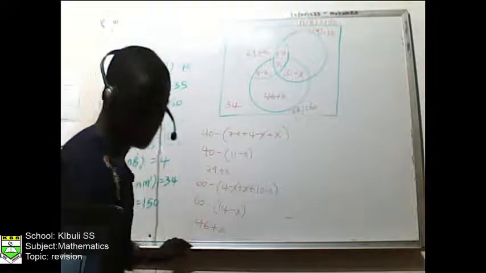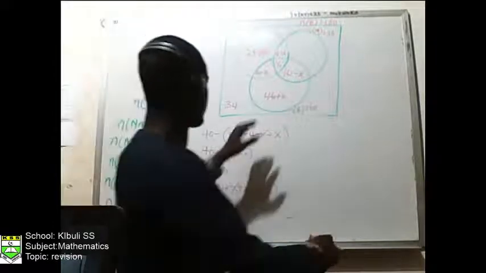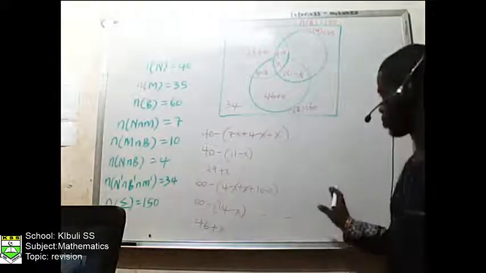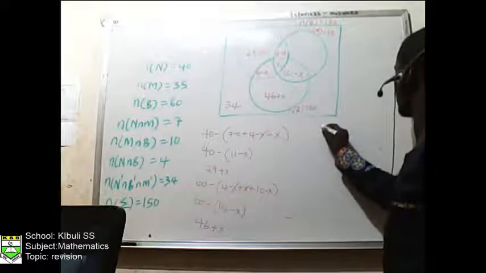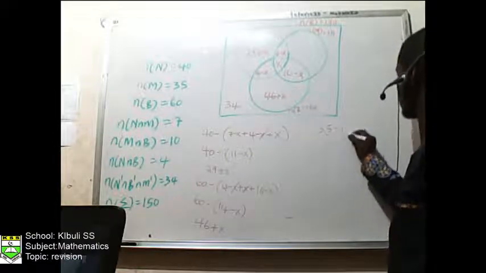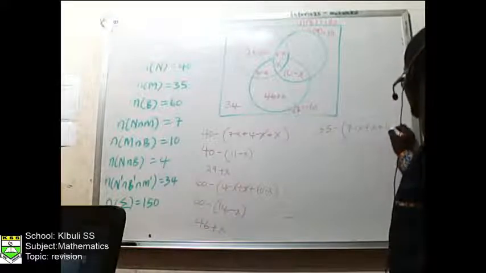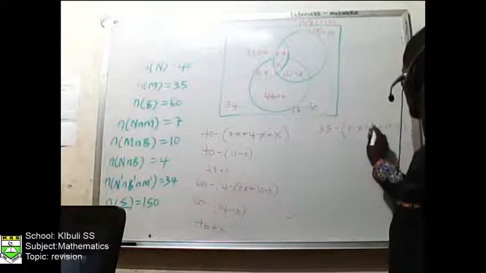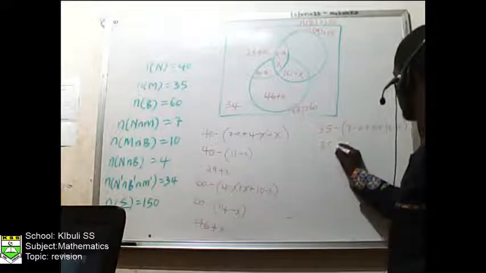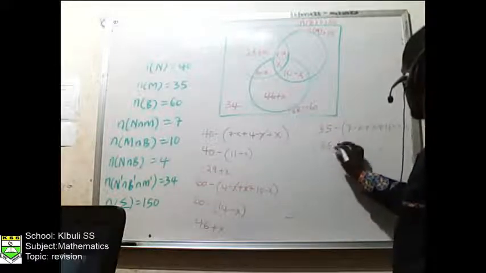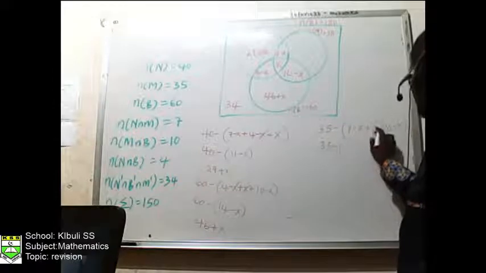And when I proceed, I need to find the value here as well, which is going to be 35 minus 7 minus x plus 10 minus x. This will go with this. I will remain with 35 minus this, and this will go.